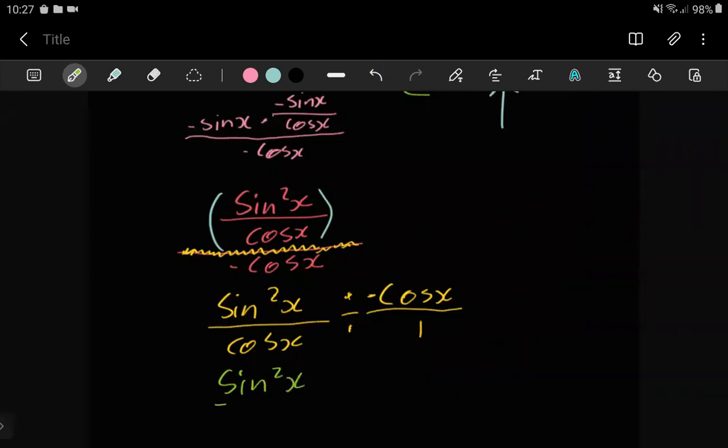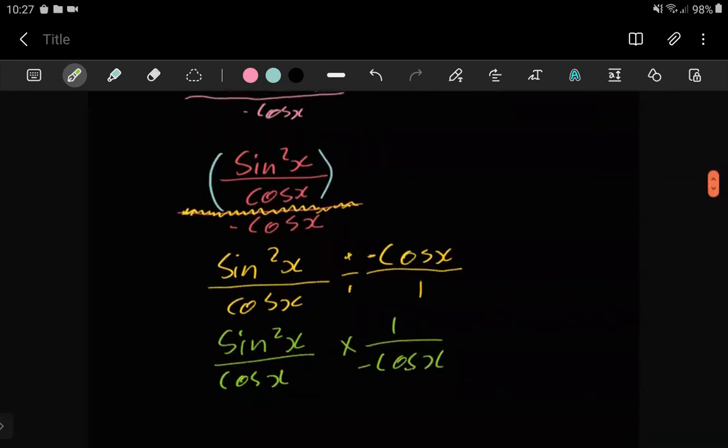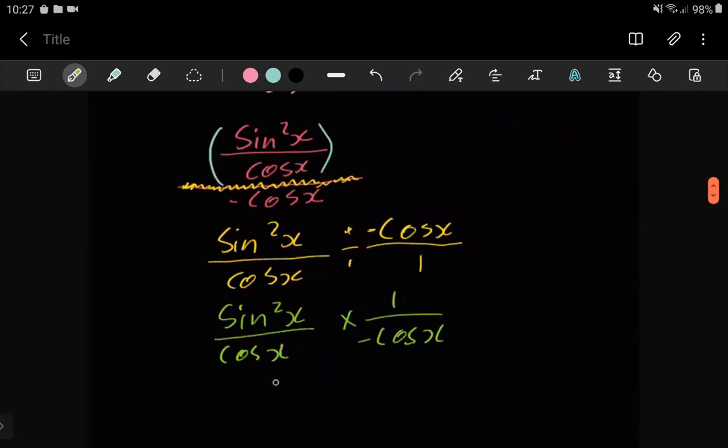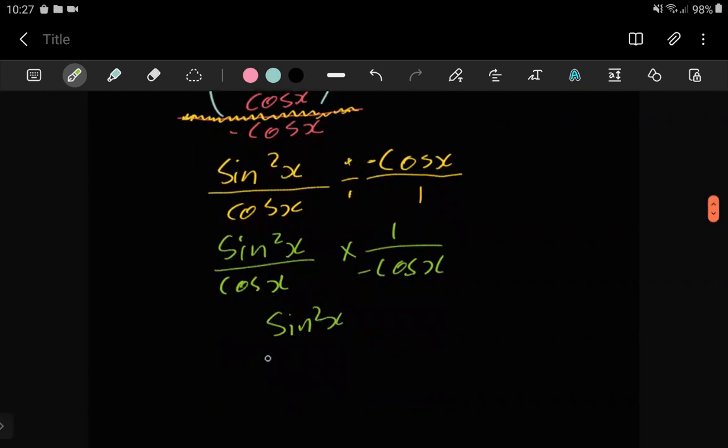So you need to tip your fraction and change the sign here, so you're going to have a times here. This is 1 over cos with a negative x. Keeping in mind the fractions, the top times the top is just sine squared x, and the bottom times the bottom is just a negative cos squared x.